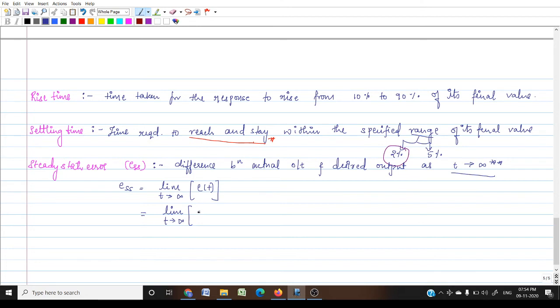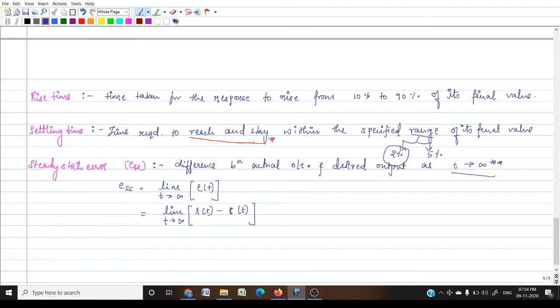The desired output will be R of t, and the actual output is C of t.